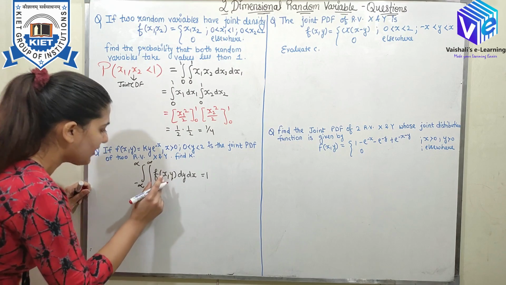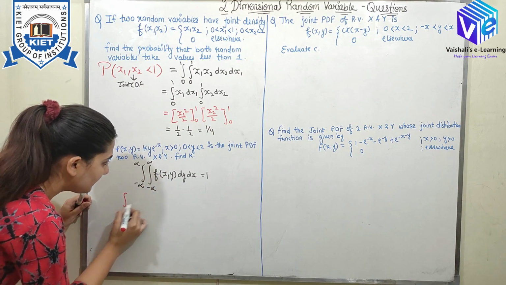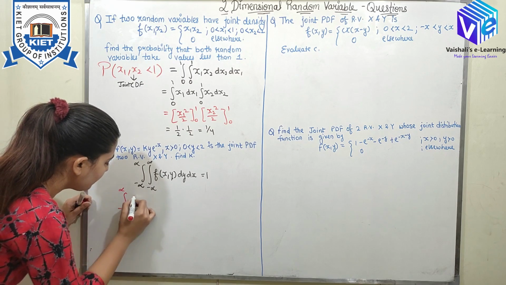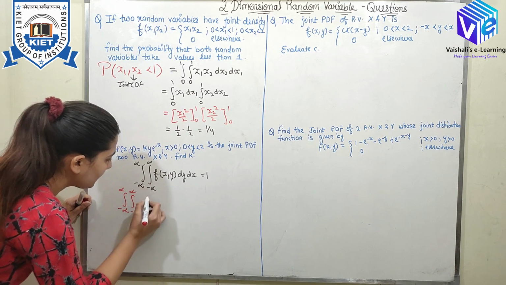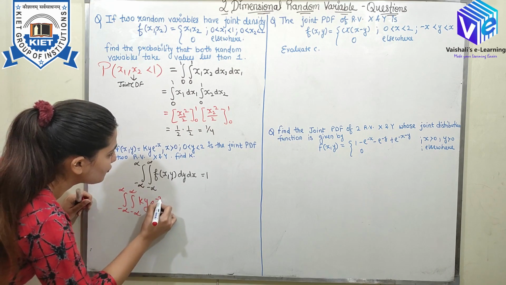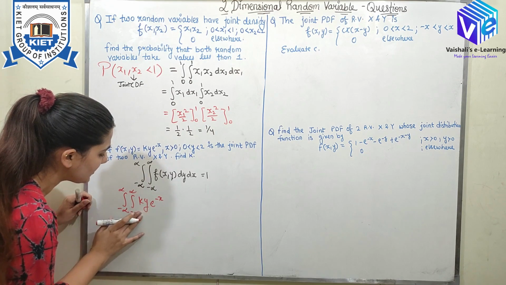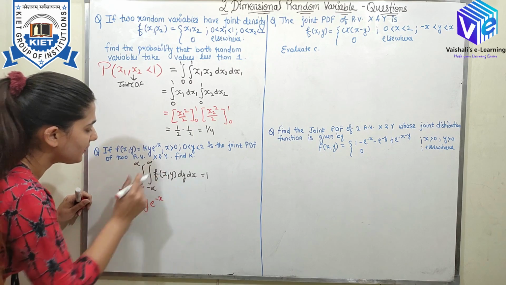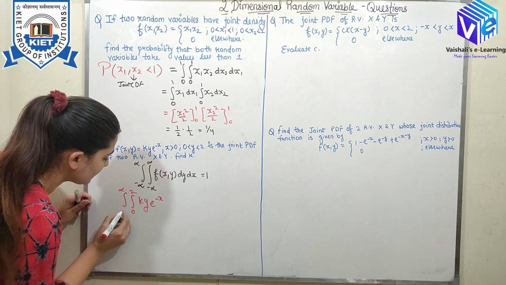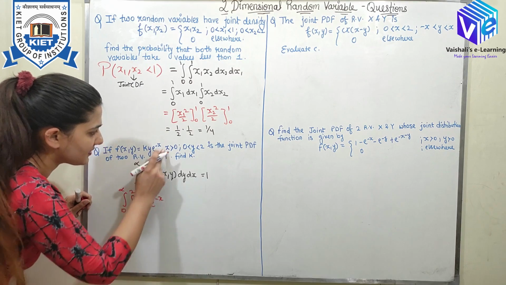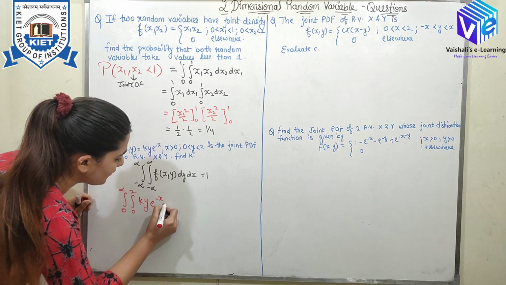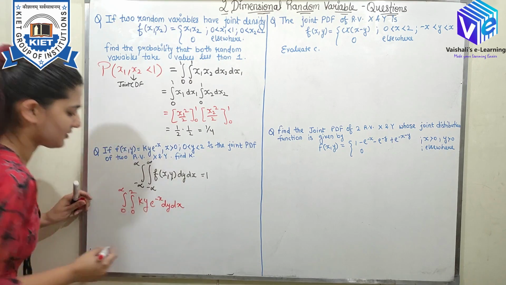Now putting the value of f(x, y), which is the joint PDF, in this form: f(x, y) is k y e raised to power minus x. I'll change the limits also. The limits of y are from 0 to 2 and the limits of x are from 0 to infinity. So x is greater than 0, which means x can take the value from 0 to infinity, into dy dx.